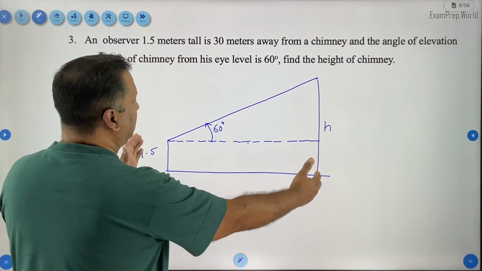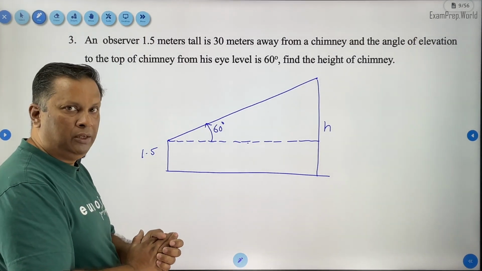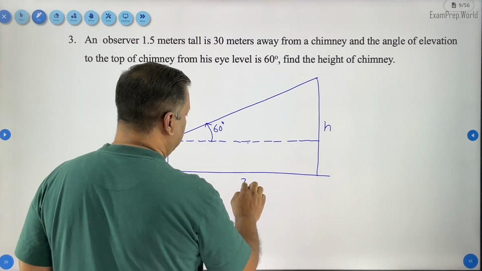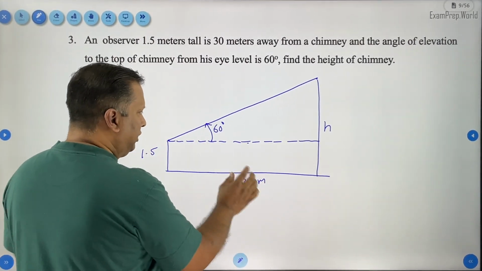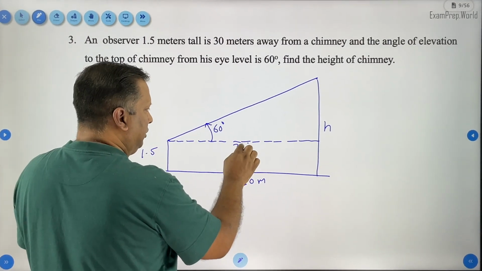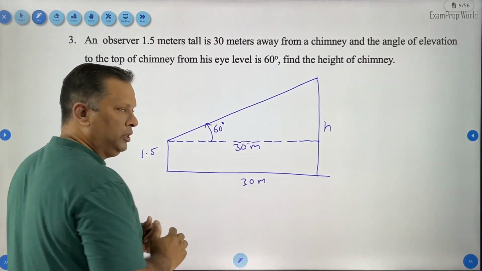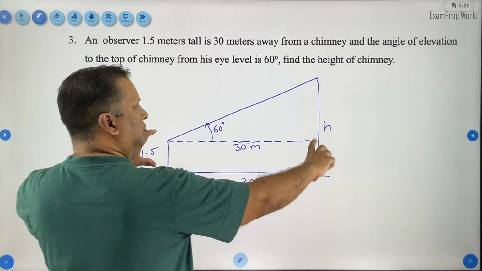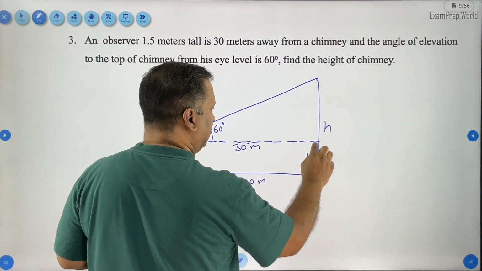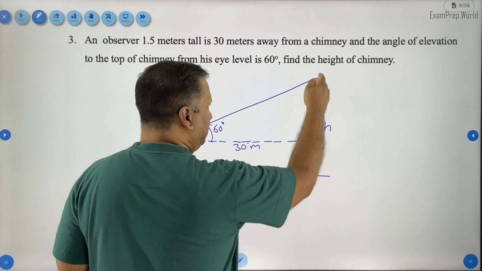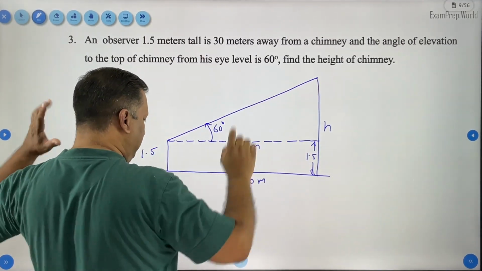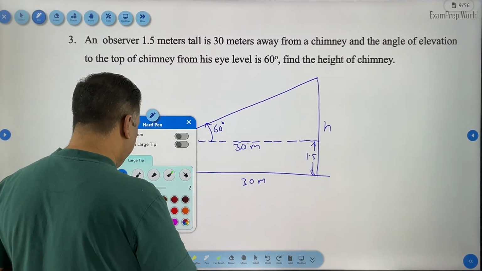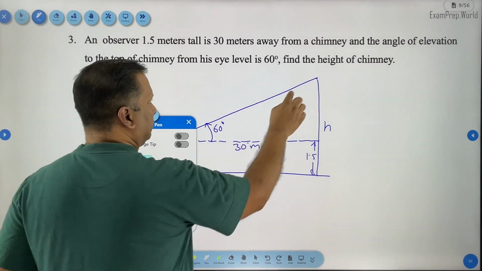How far is this guy from the chimney? 30 meters. So I will write 30 meters here. If this is 30, this is a rectangle, so this will also be 30. Now, if this is 1.5, this is also 1.5 from here to here. Then what is left? The triangle which we are going to use is here.